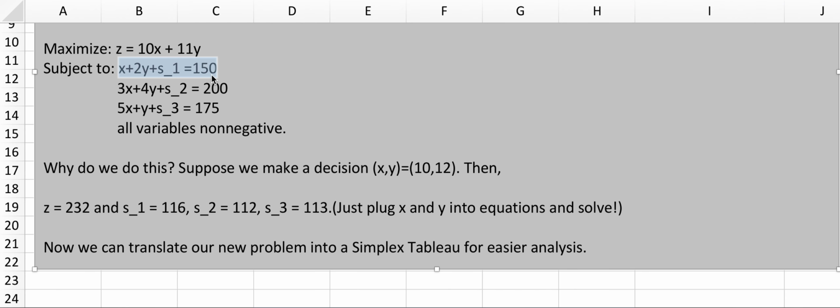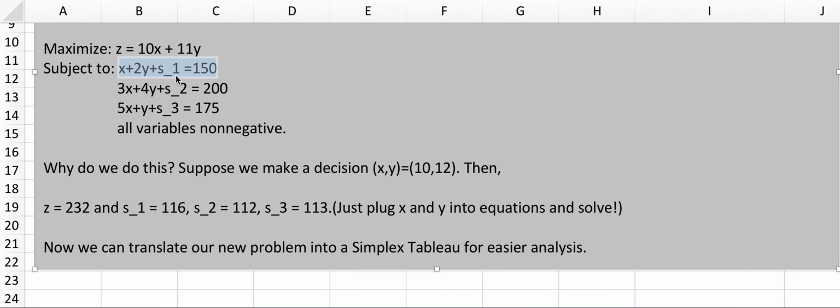So I subtract that from 150, and I get 116. So S1 equals 116. What that's telling us is that if we decide to make 10 units of product X and 12 units of product Y, then we've only used 34 units of resource 1 to do that, which means we have 116 units of resource 1 still available to be used for other things.